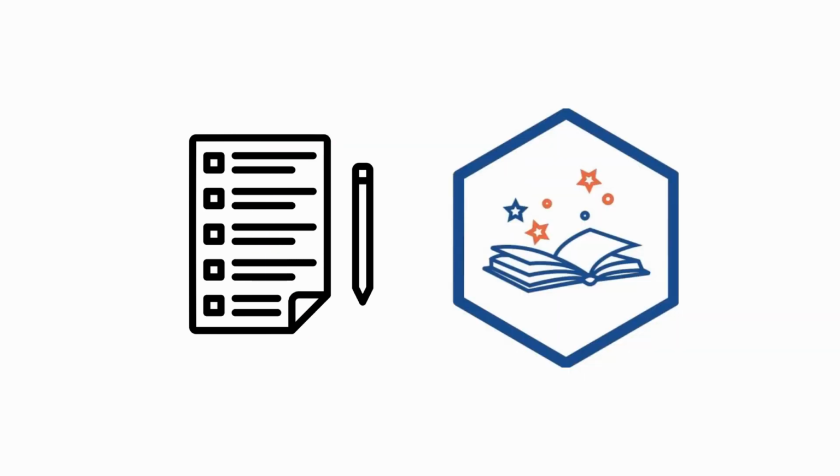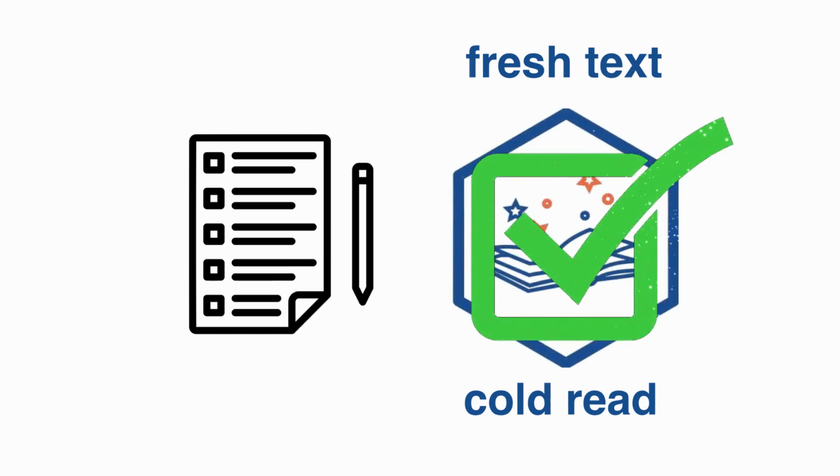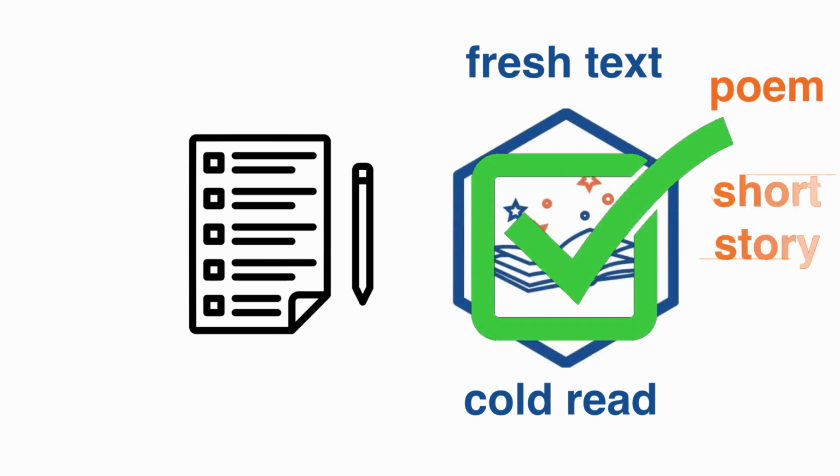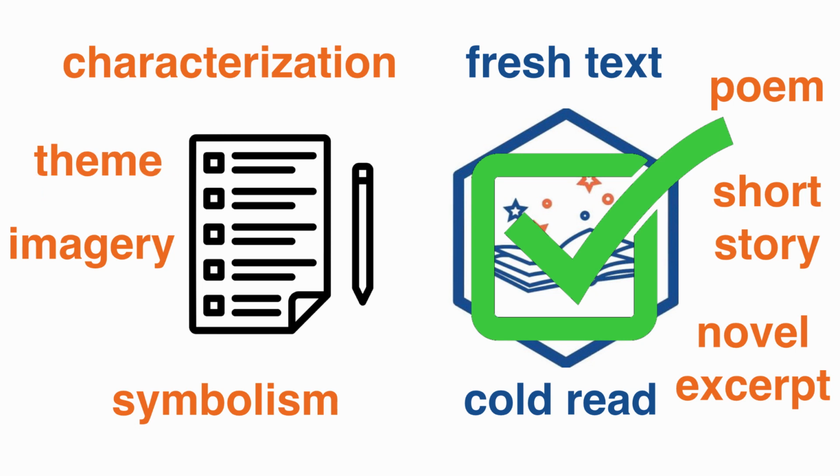Instead, you want to know, can your students apply those analyzing skills to a fresh read? So when you assess them, use a cold read, use some other piece of text, and have the students apply those critical thinking skills. Can they identify some literary elements or figurative language? And then can they explain and evaluate the meaning of those particular items?